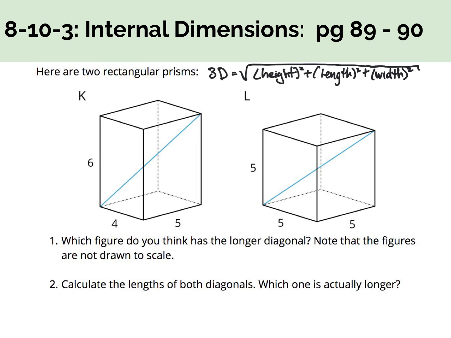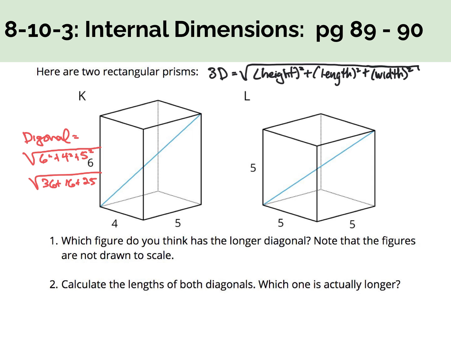So let's try it with prism K. We're going to have our diagonal equals 6 squared plus 4 squared plus 5 squared. 6 squared is 36, 4 squared is 16, 5 squared is 25.